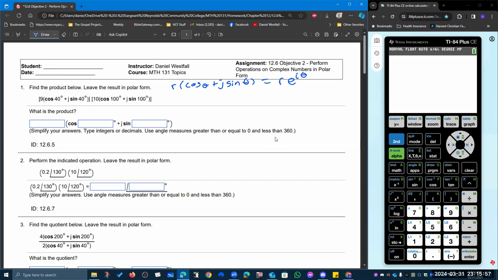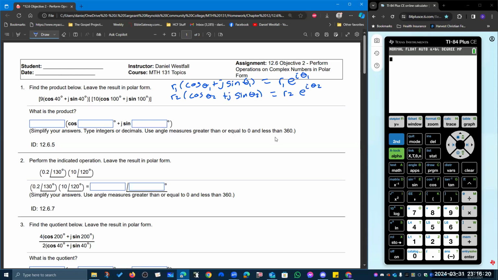So let me just show you what's going on here when I call this theta 1, r1 theta 1, and r2 cosine of theta 2 plus j sine of theta 2, r2 e to the I theta 2. Let's multiply these two things here.